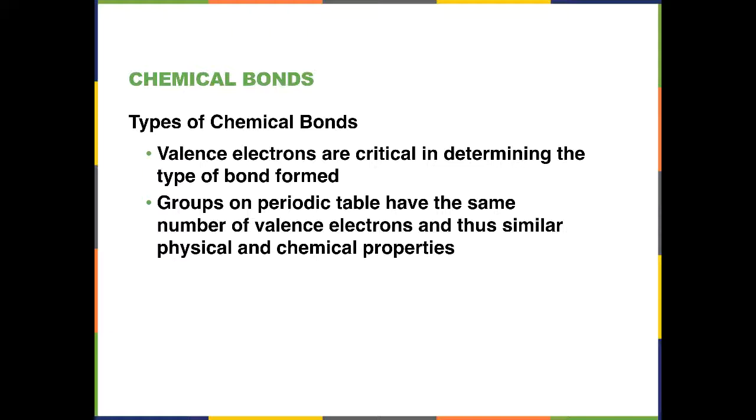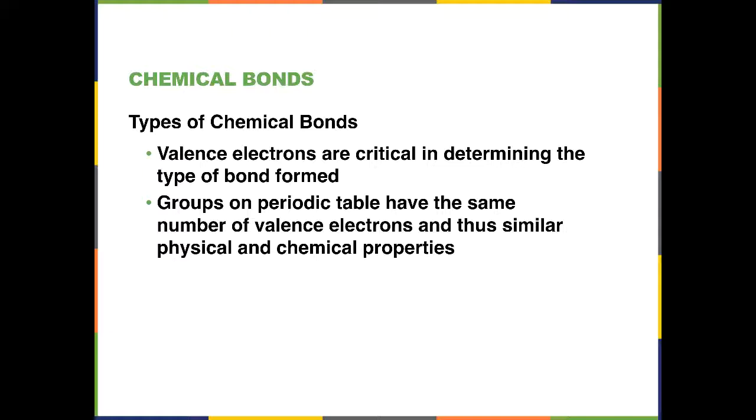As I told you when we went through the periodic table, one of the really important things you can use the periodic table for is that the groups have the same number of valence electrons as the group number.